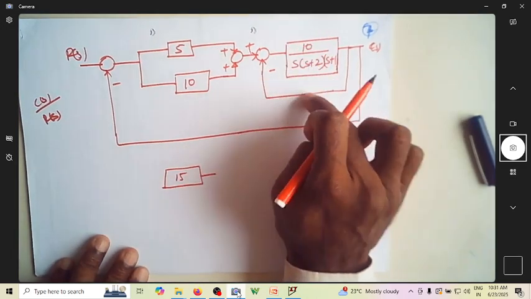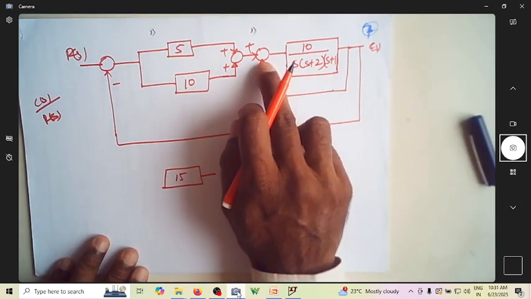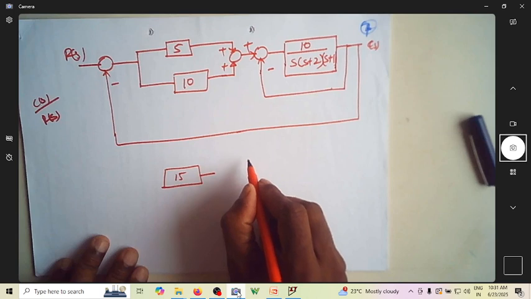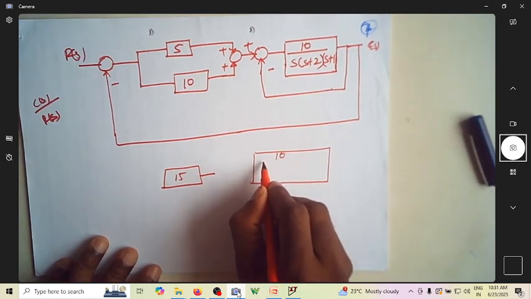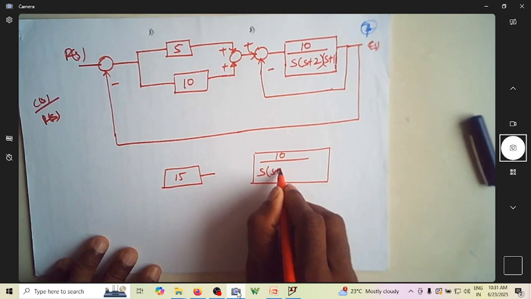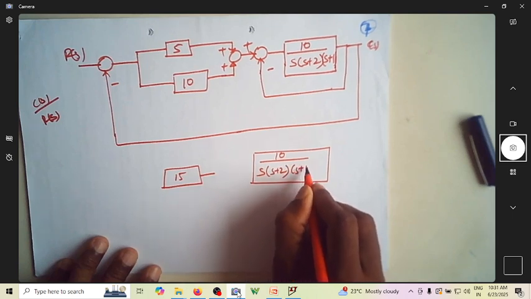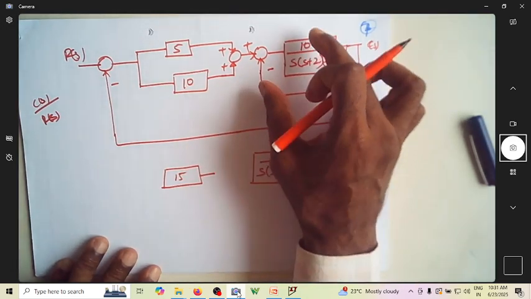And you can reduce this, because this is a negative feedback with unity feedback. You can write that as 10 divided by s into s plus 2 into s plus 1 plus 10. Correct? This is the reduction of this.